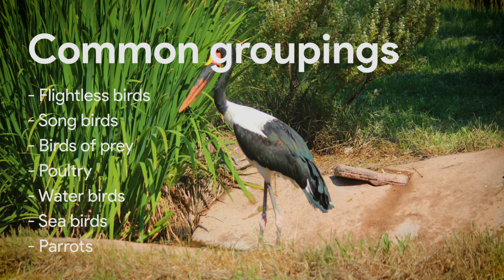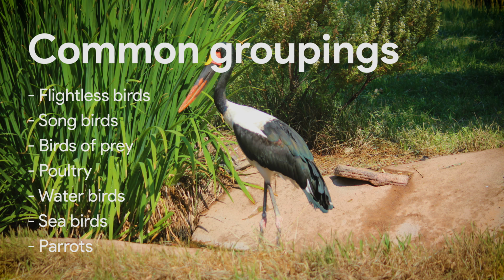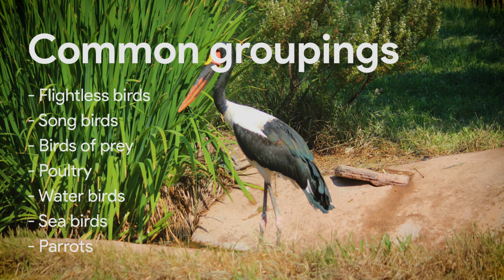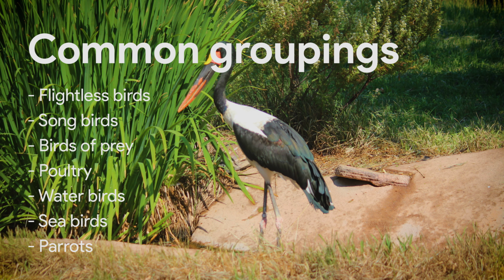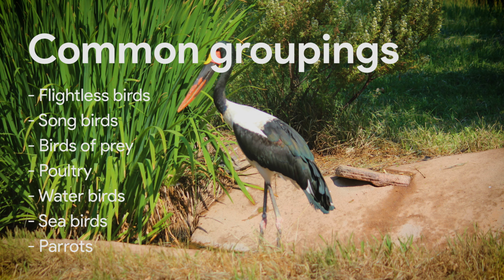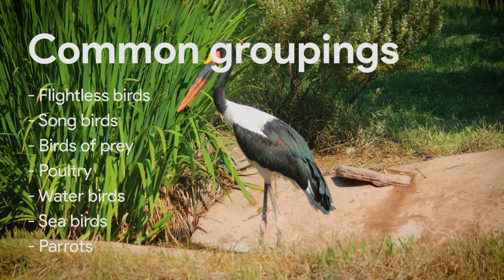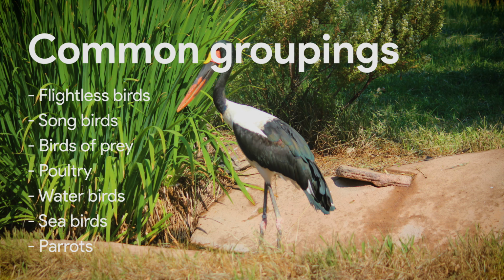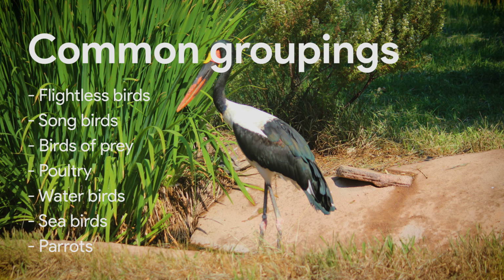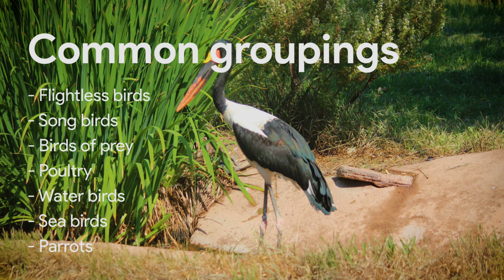Birds are also frequently grouped according to the places they live, how they behave, or some other characteristic. Some such groupings embrace several scientific orders. Common non-scientific groupings can vary.